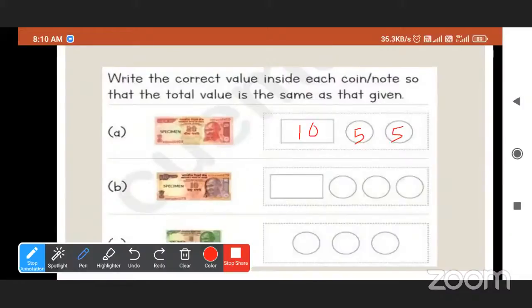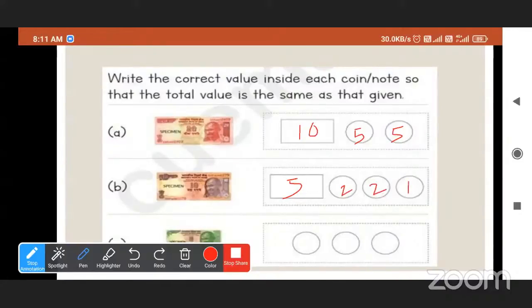Now see the second one, B, 10 rupees. We have to split into one note and three coins. So yes, 5 rupees note, and then the coins are 2 rupees, 2 rupees, 1 rupee. Very good.